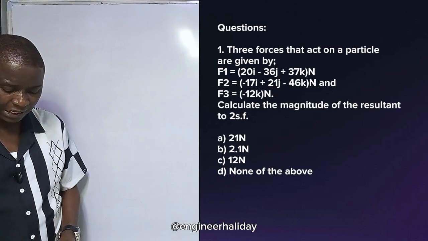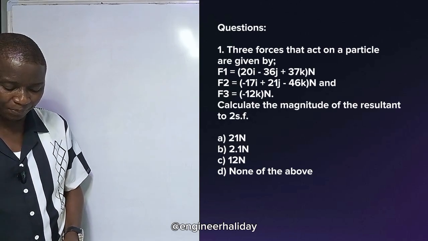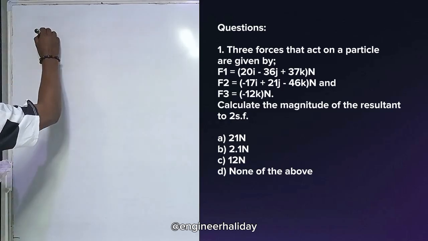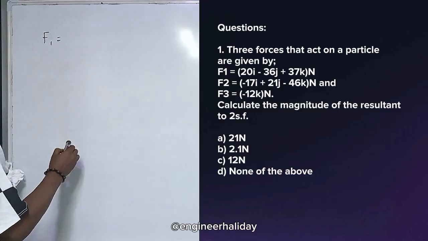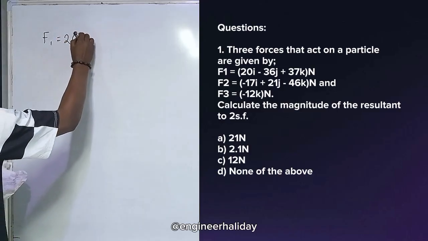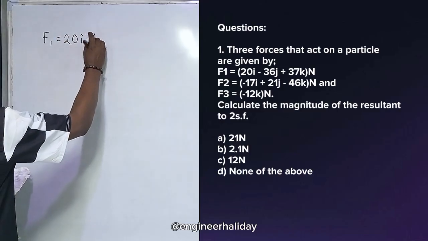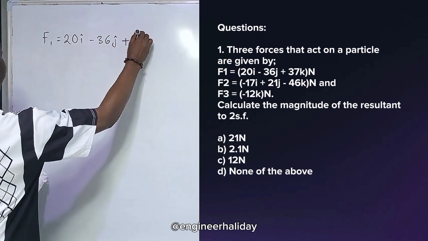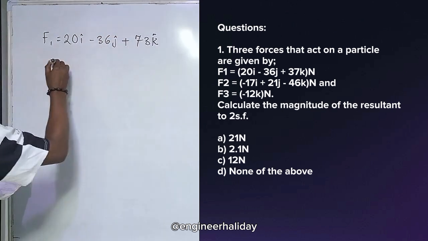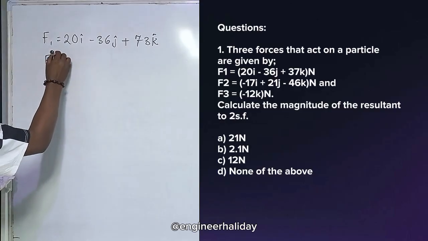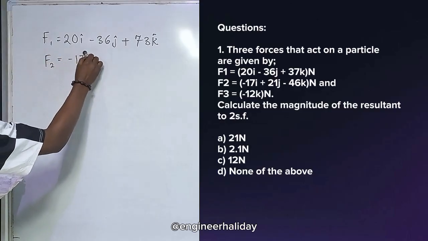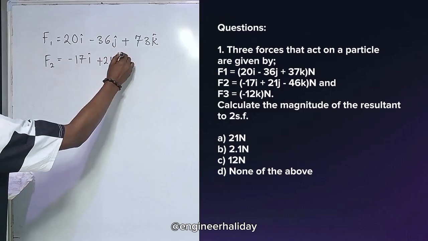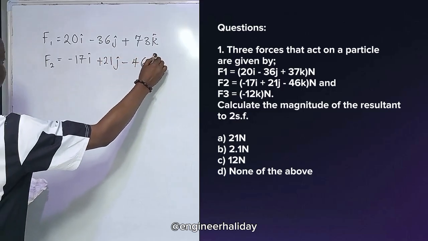Three forces that act on a particle are given by F1 equals 20i minus 36j plus 73k, and F2 equals minus 17i plus 21j minus 46k.